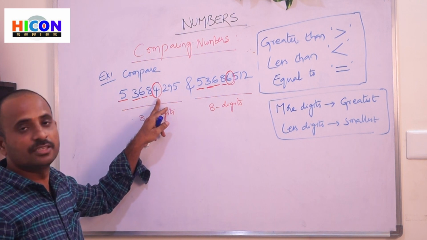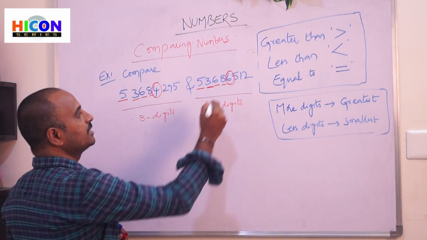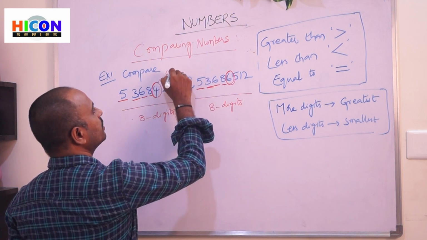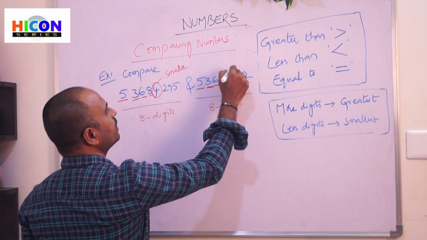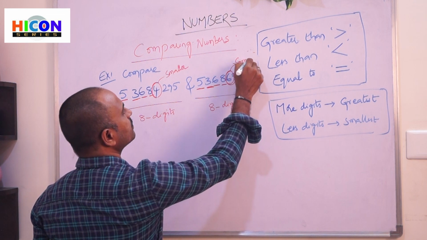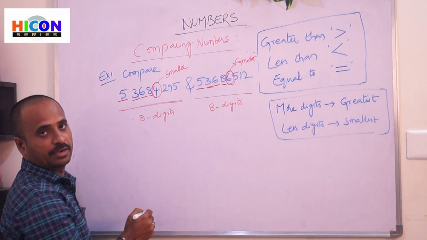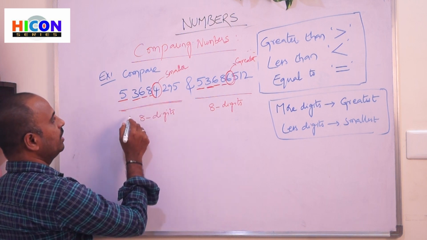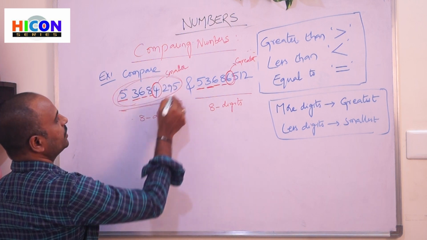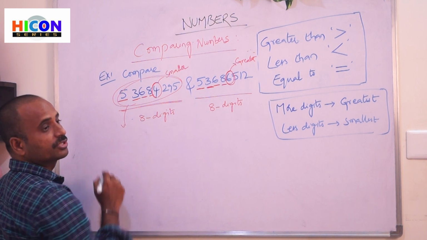So 4 is smaller and 6 is greater. So that's why the first number is the smallest number.